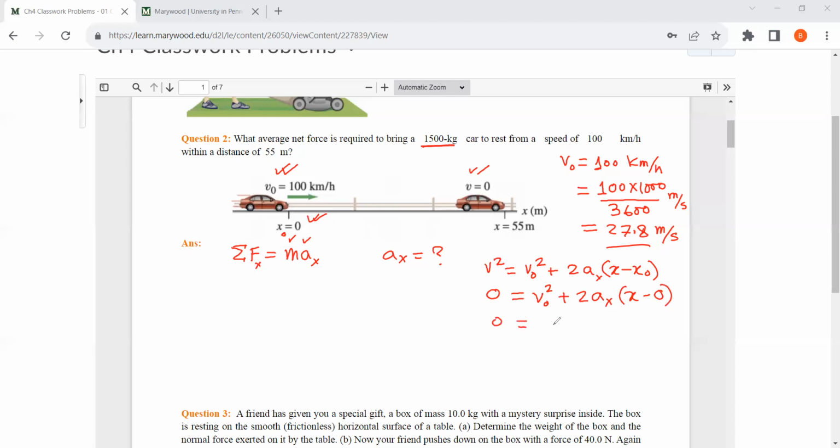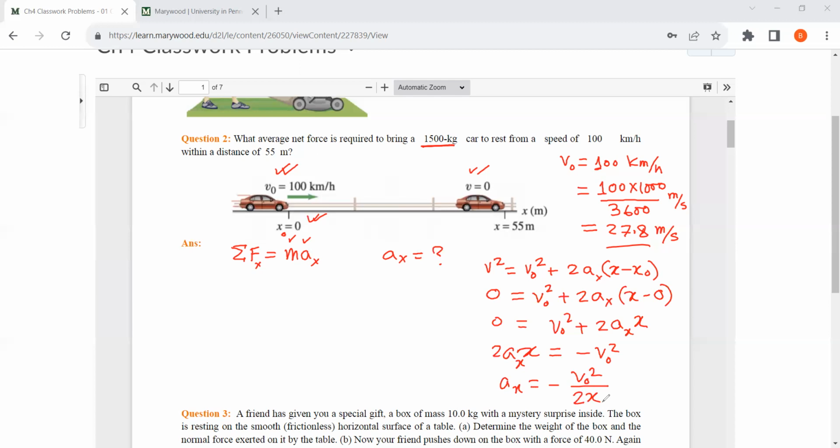So 0 equals v0 squared plus 2ax x, so 2ax x equals minus v0 squared, and ax equals minus v0 squared over 2x.